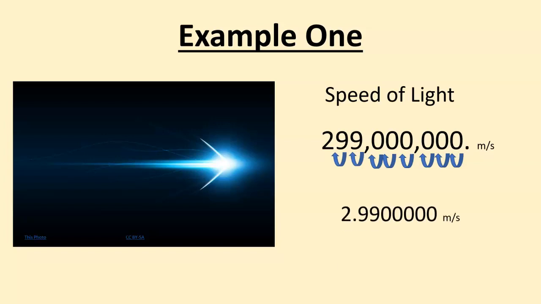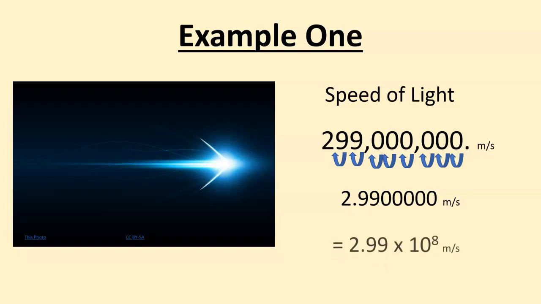Perfect. What I come up with is 2.99 followed by zeros meters per second. When they're all zeros and nothing follows those zeros, you don't really need them for scientific notation. My final answer is 2.99 times 10 to the 8 meters per second.